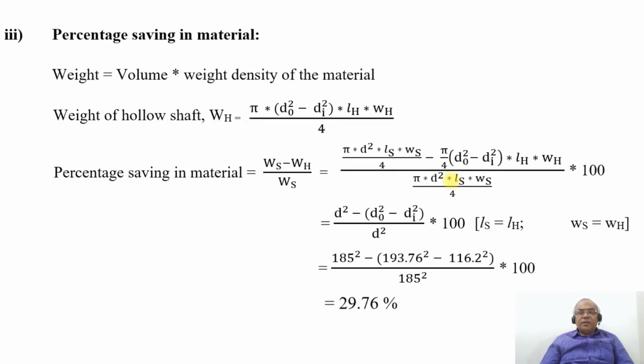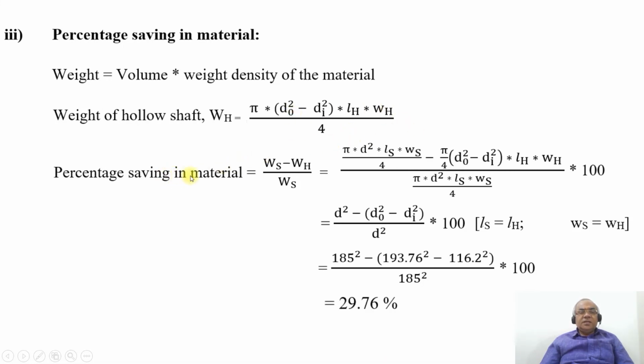Now we want to calculate the percentage of saving in material. The material weight is given by volume into the specific weight of the material. So the weight of the hollow shaft, W_H, will be equal to pi into d naught square minus di square into L_H into small w_h, the specific weight of the material, divided by 4.